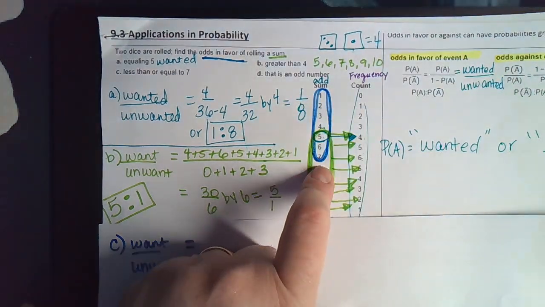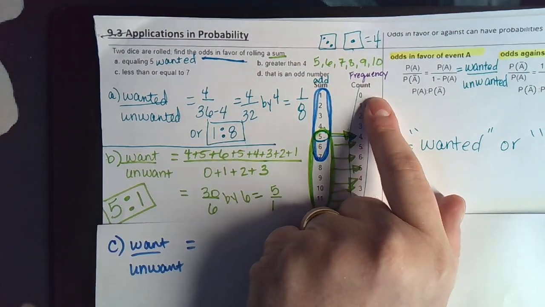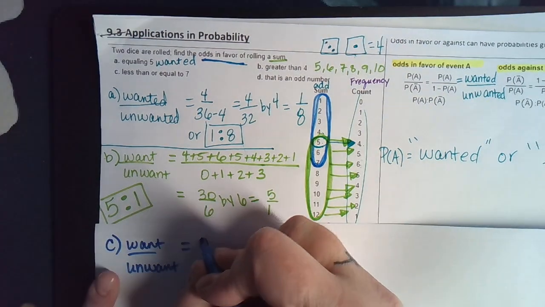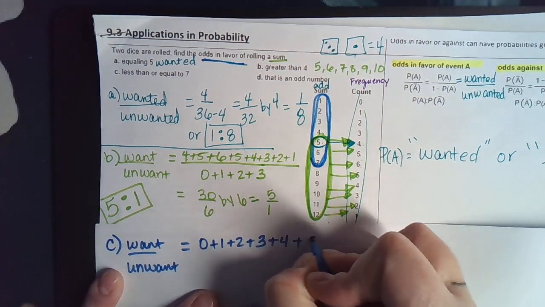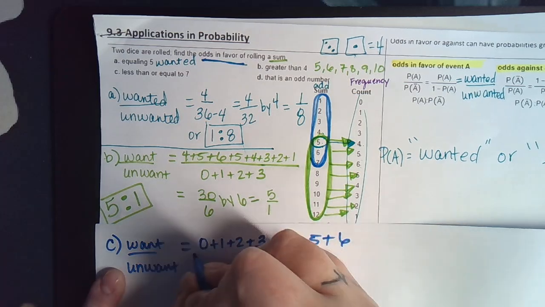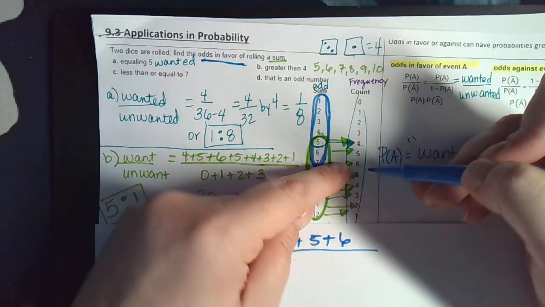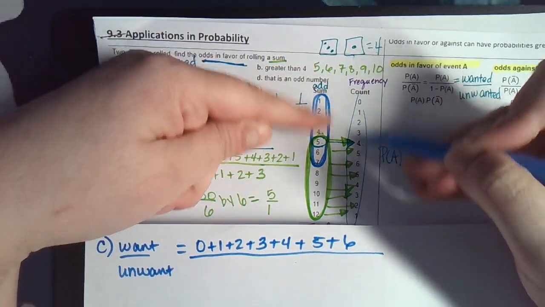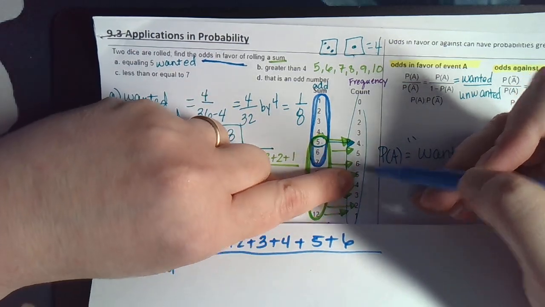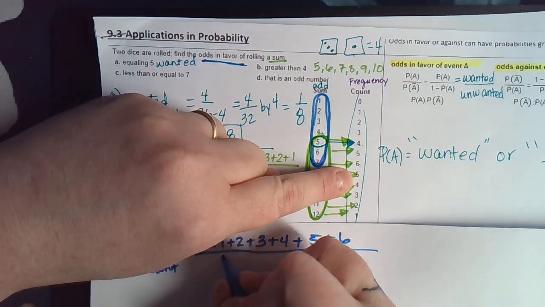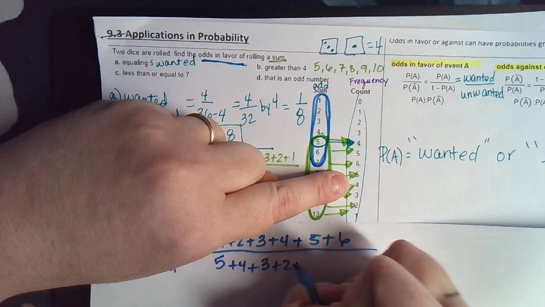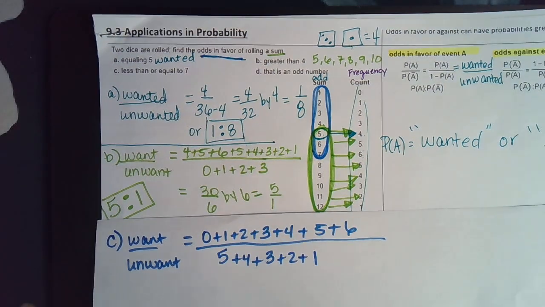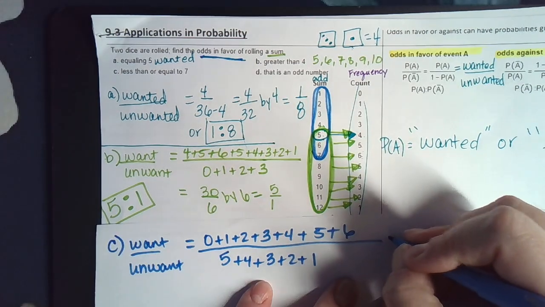Okay, and then the counts matching with that are 0, 1, 2, 3, 4, 5, 6. And then the counts that do not match with these are this down below, 5, 4, 3, 2, 1. And you might come up with the same numbers as me, but you use like subtraction. It's the same thing, as long as we get the same answer.